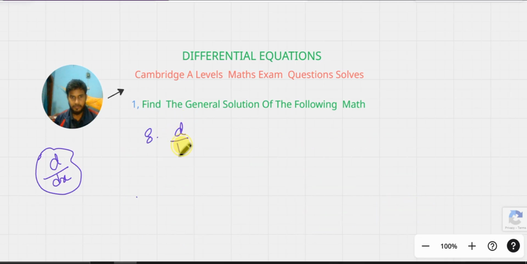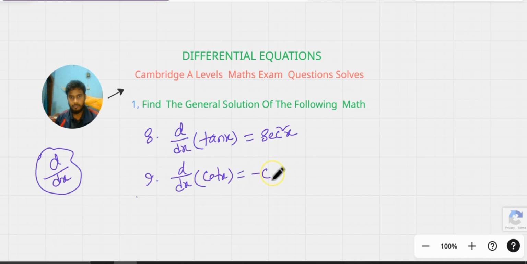d dx of tan x equal to sec square x, and d dx of cot x, we will get minus cosec square x.